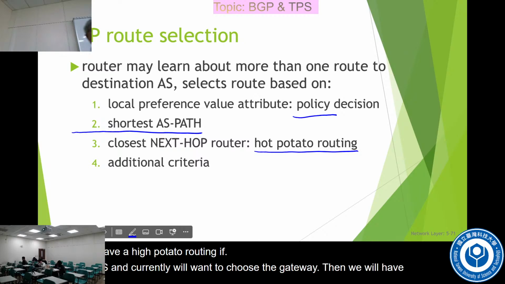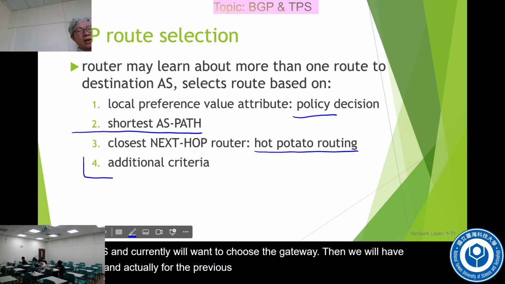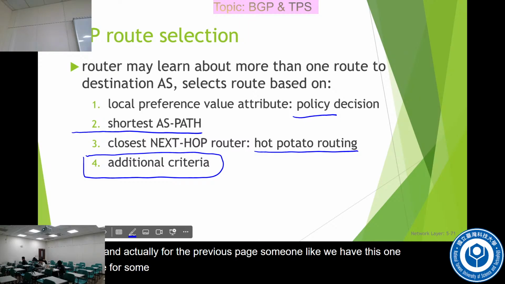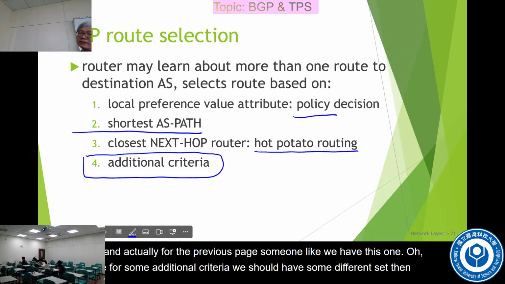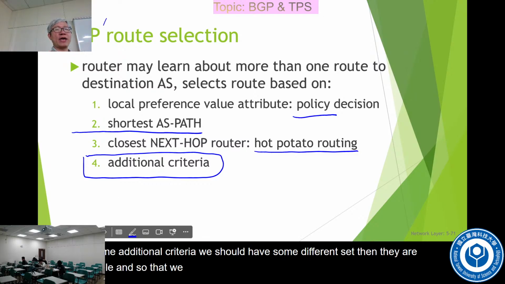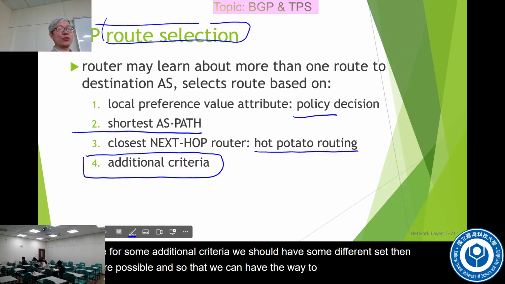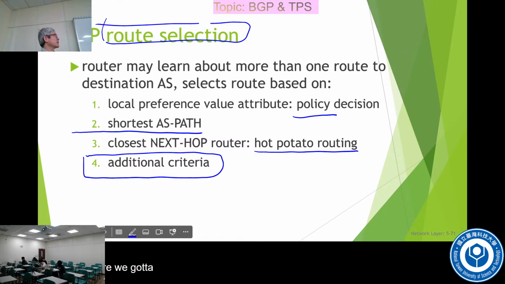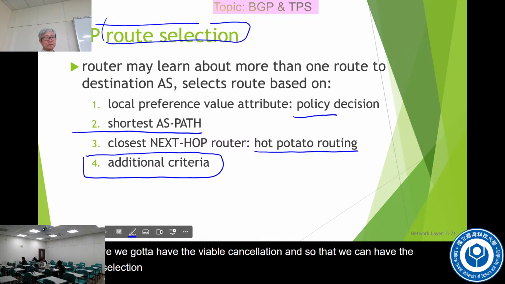And for the previous page, for some additional criteria, we should have some different setting. Then they are possible. So here we already have the various considerations, so that we can have the route selection for BGP.